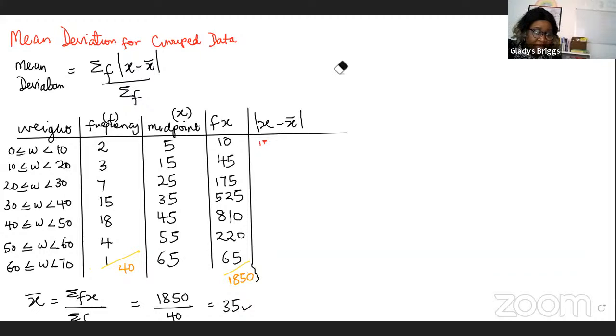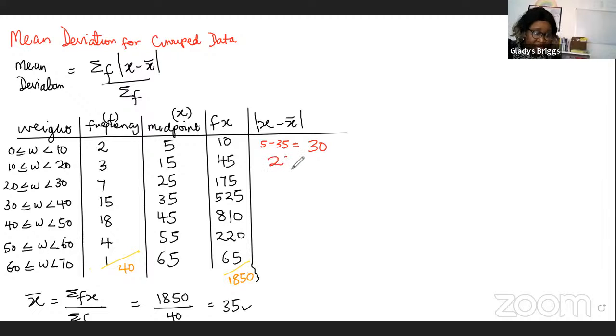X is 5, so 5 minus 35 is what? It's meant to be negative 30, but now we're going to take the positive value. So that's going to be 30. And you do the same for all of them.